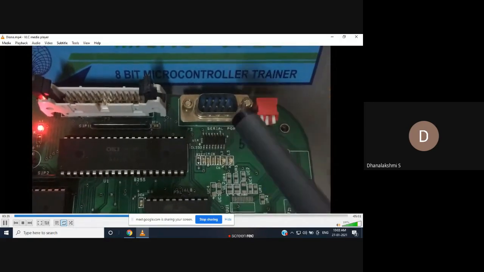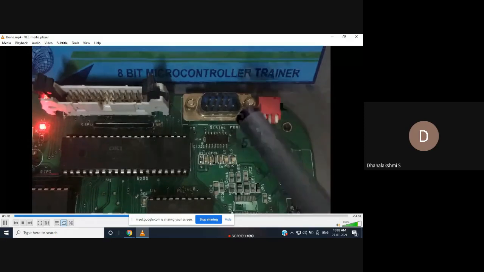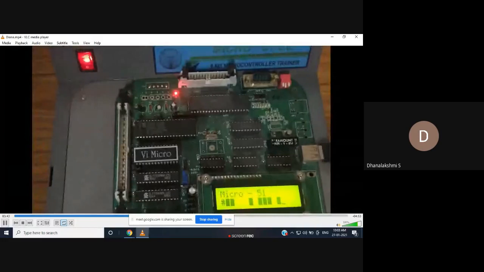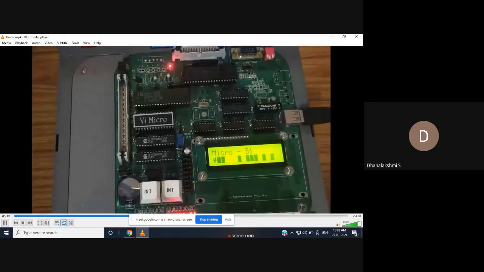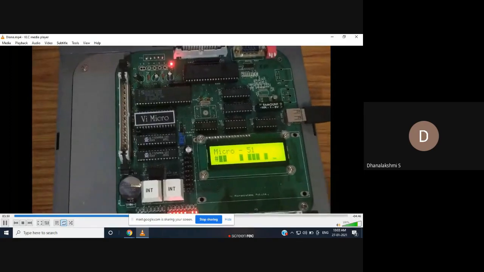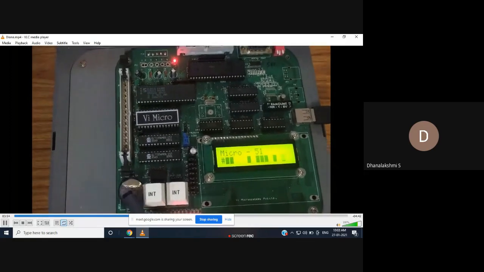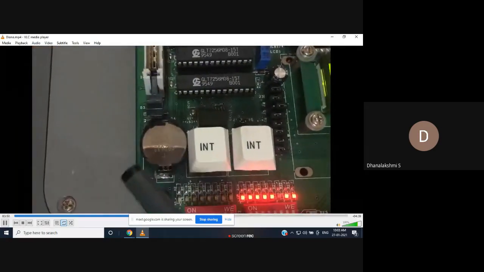And this port operates at 9600 baud rate. And this 8051 comes with 5 interrupt sources, and here 2 external interrupts, INT0 and INT1 are provided. And there is an onboard battery backup for some of the memories.